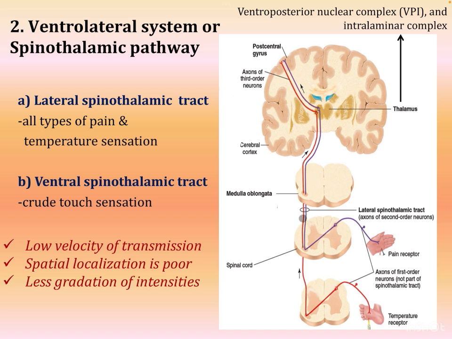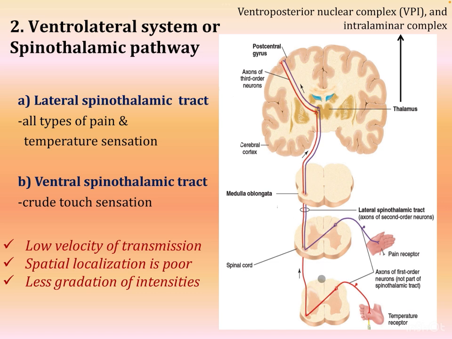In general, tactile signals like crude touch are transmitted mainly to the ventrobasal complex, which is ventroposterior inferior nucleus of the thalamus, and from here the signals are transmitted to the somatosensory cortex along with the signals from dorsal column.